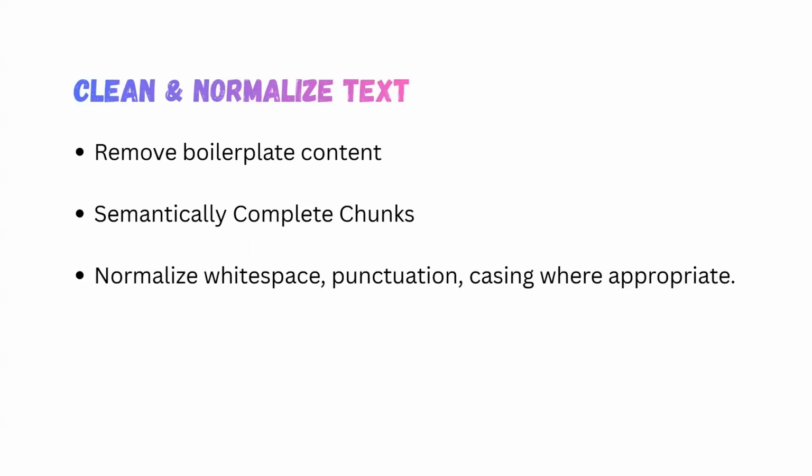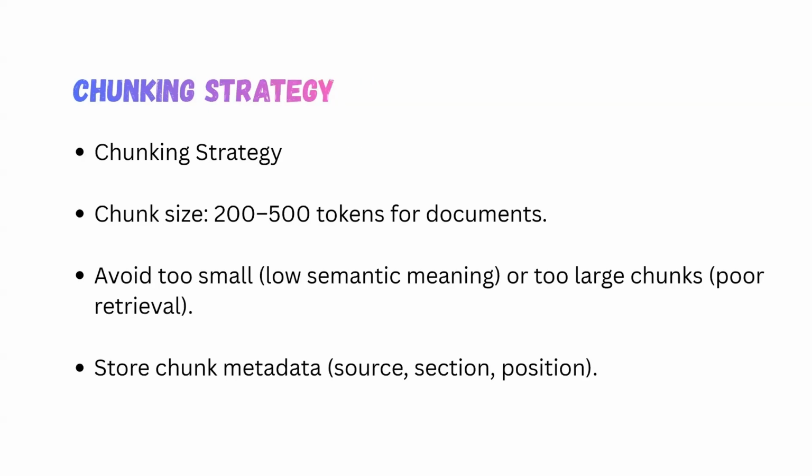Clean and normalize your text before embedding. Choose the right chunk strategy, where we can have a chunk size of 200 to 500 tokens for any document. Also, avoid too small, which gives low semantic meaning, or too large, which gives poor retrieval. Also store chunk metadata, such as source, section, and position, to get more meaning out of the data.